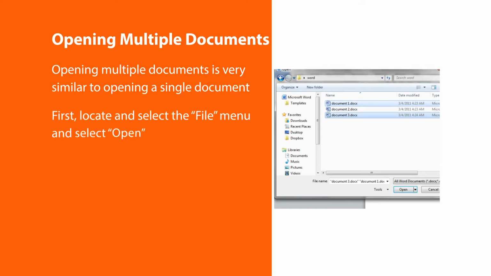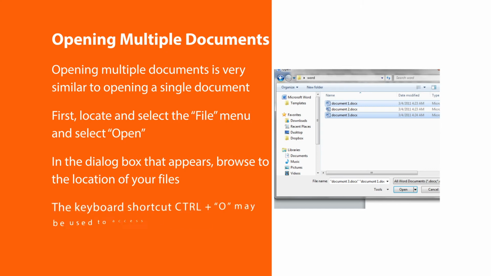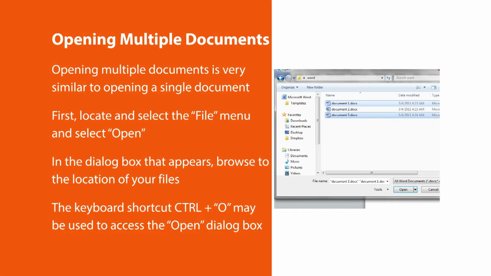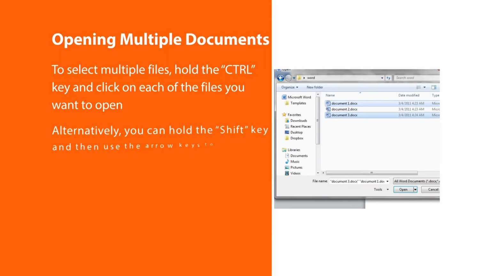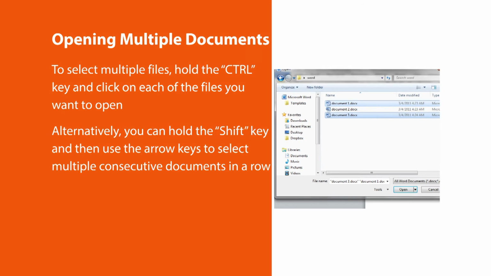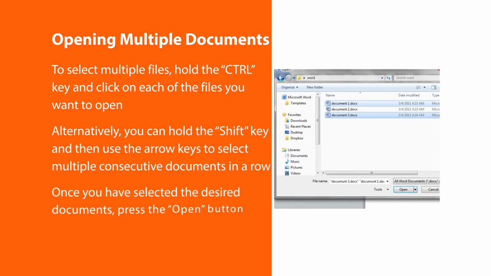So first select the file menu and select open. In the dialog box that appears, browse to the location of your file. The keyboard shortcut Ctrl+O may be used to access the open dialog box, and to select multiple files, hold the control key and click on each of the files you want to open. Alternatively, you can hold the shift key and then use the arrow key to select multiple consecutive documents in a row, and once you have selected the desired documents, press the open button.